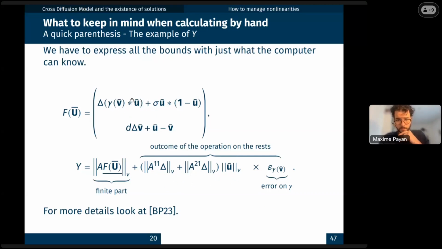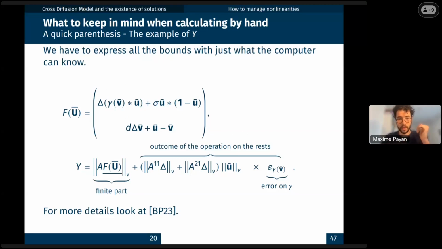So for each bound, you split between what we know, what is in the tail, and what is with errors, and you spread it by the triangle inequality, and you get it. This is a little bit technical, but if you are interested, we do this work in the preprint with Maxime Payan.